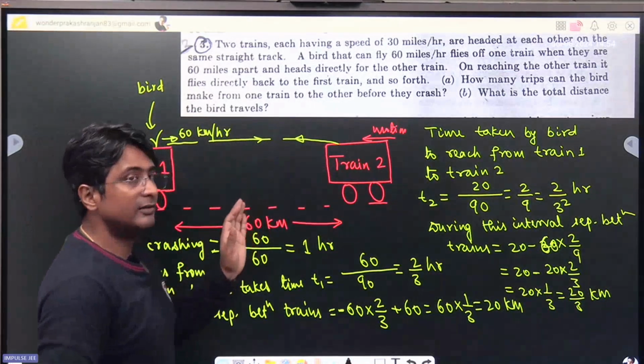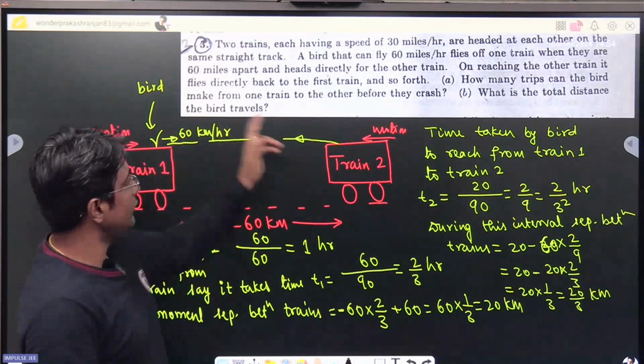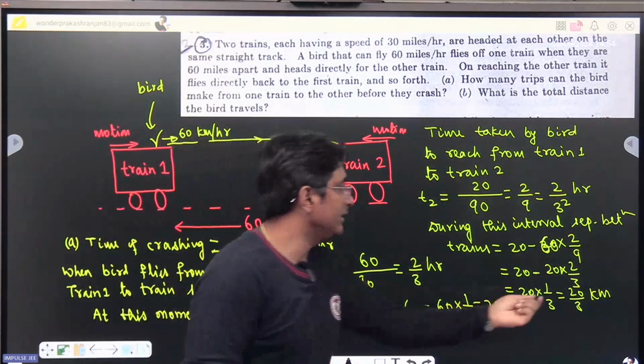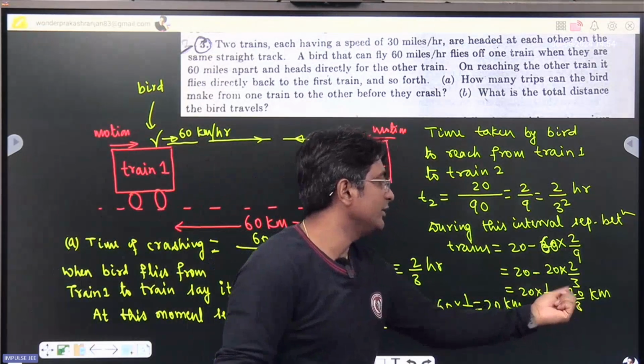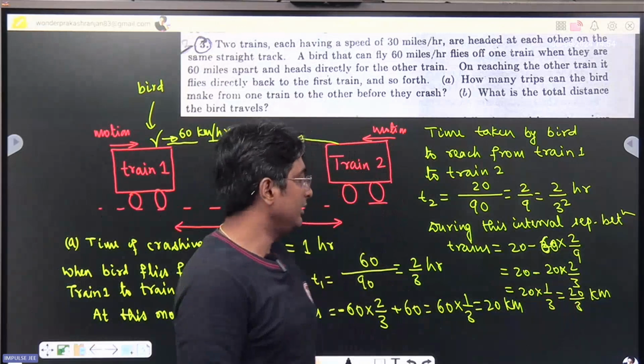Now, when the bird starts from train 1 to train 2 a second time, at that moment the separation between the trains is 20 by 3.